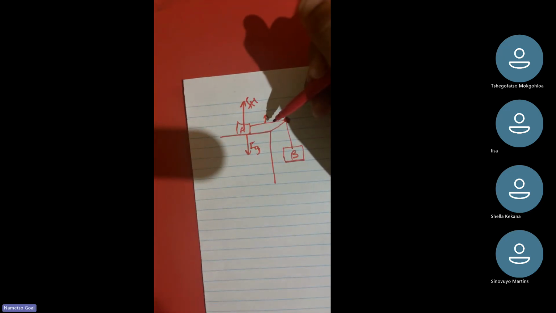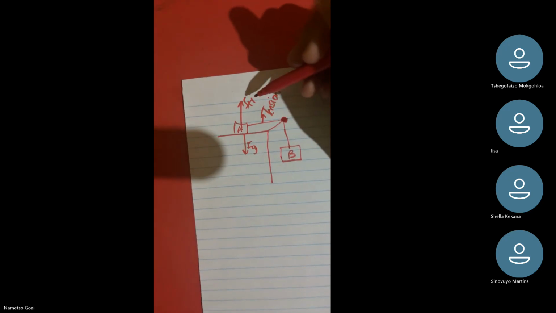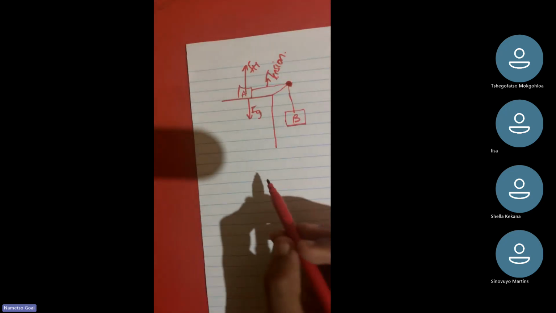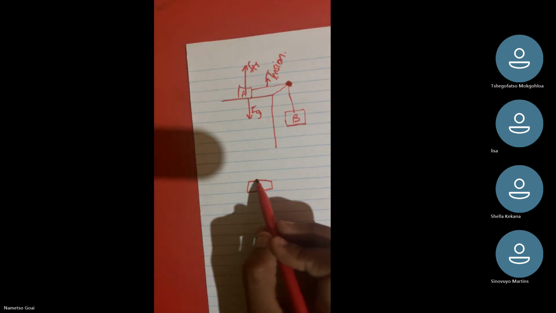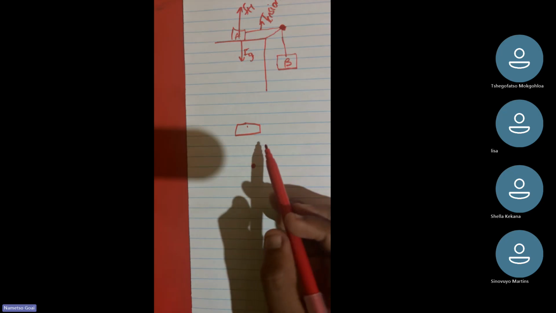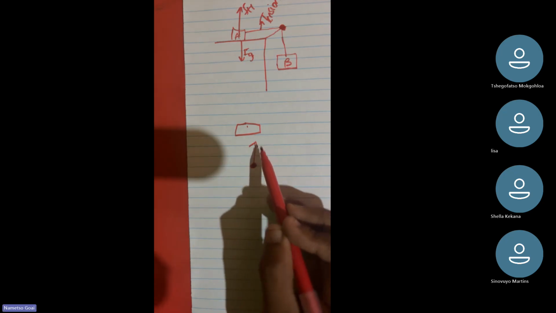This is tension, because there's a tension in the string. This is the string and this is like a pulley. This is also a string, right? So here we have tension. If we look at all the forces acting on A, it's normal force, gravitational force, and the tension, right? We're trying to do a free body diagram of all the forces acting on A. We're going to have Fn.